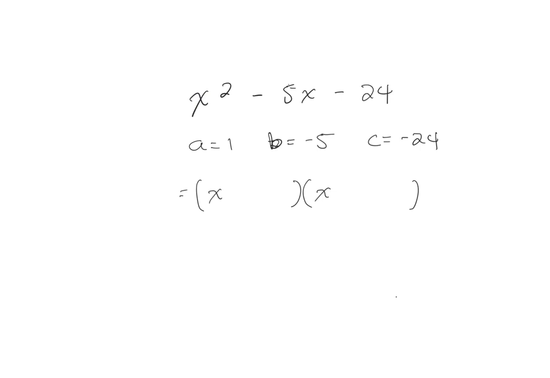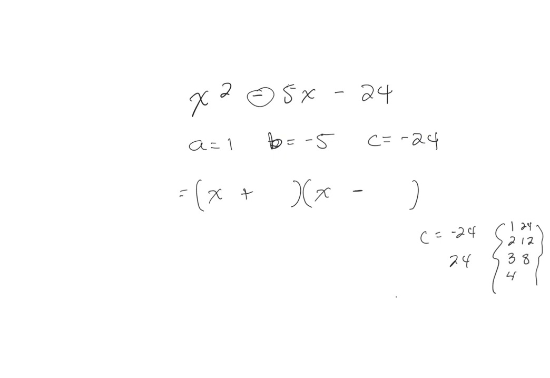Now, what I didn't mention last problem is that if this is negative, the b, you're going to have a negative, positive there. Look at the factors of c. c is equal to -24, but I'm going to think about this as 24. What are the factors of 24? Well, the factors of 24 are 1 and 24, 2 and 12, 3 and 8, and what else?